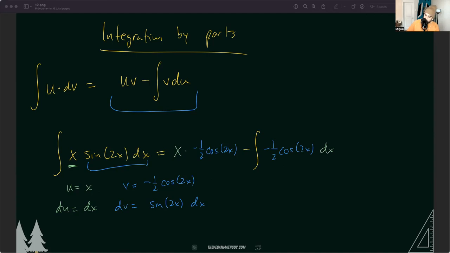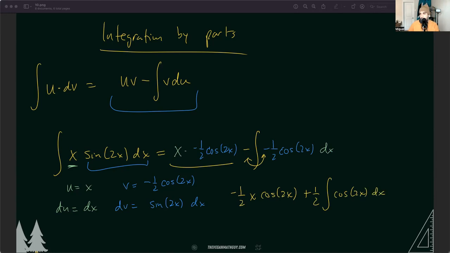Now let's rewrite this. The first term, I'm just going to multiply the negative 1/2 times the x. This becomes negative 1/2 x cosine of 2x. And then the second term, notice that there are two negative signs there, so it's going to become a positive. I'm going to bring the 1/2 on the outside as well. So this is going to be plus 1/2 integral of cosine of 2x.